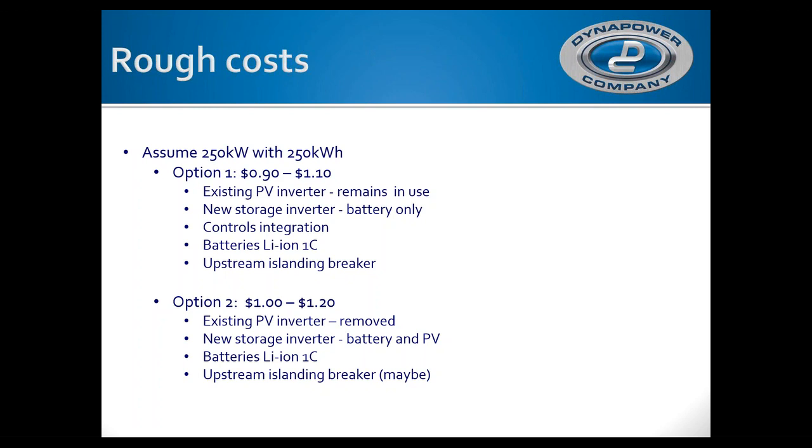Yeah, great question. This is principally equipment plus the integration. In option one, we're assuming there's integration between the new inverter and the existing one. So the short answer is this is equipment with a little bit of the engineering integration. The soft costs you're talking about are installation, the actual labor to pour the pad, run the conduit, et cetera.